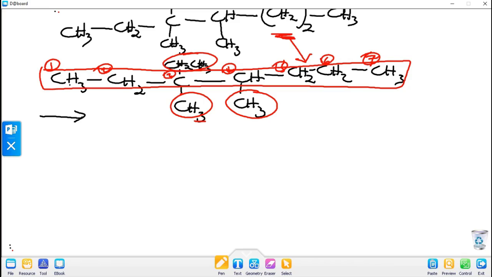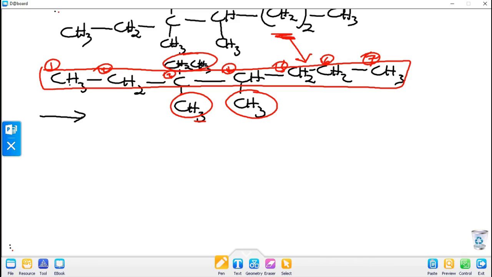So if this is the case, in numbering my parent chain from the left hand side, I have successfully attached these side chains to the parent chain. And now let us proceed to looking at how to name this compound.